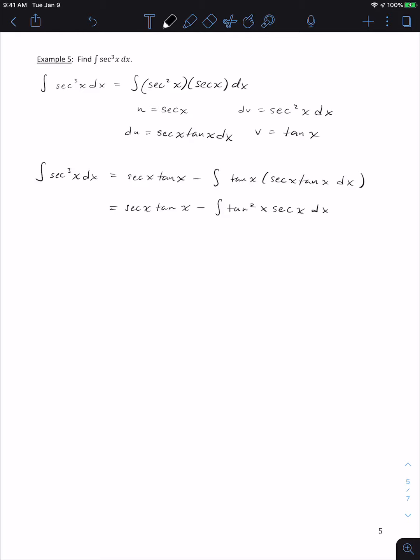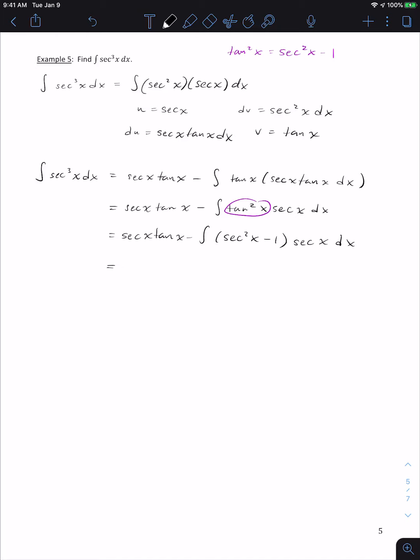Now I can replace this tangent squared with secant squared minus 1. In general, tangent squared x is secant squared x minus 1, right? That's a trig identity. So this becomes secant x tangent x minus the integral of (secant squared x minus 1) secant x dx.